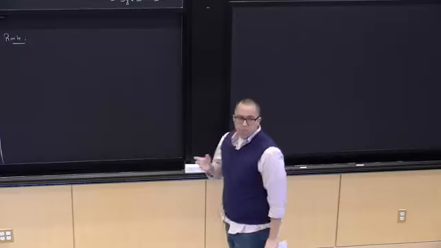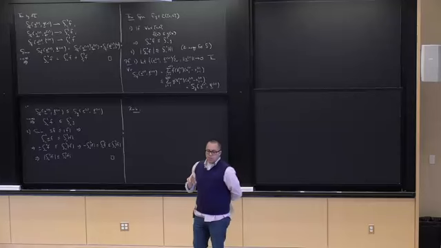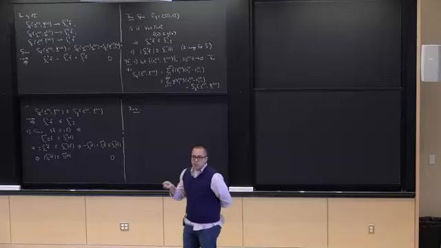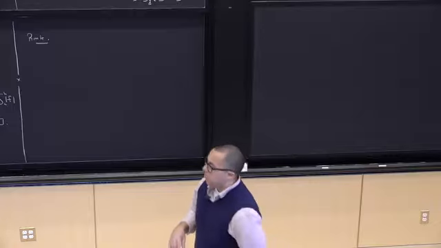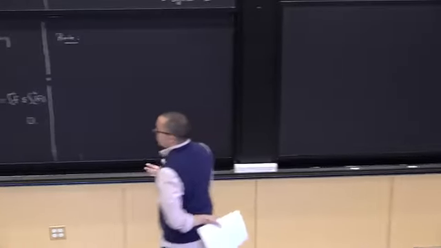So I can have two sequences, one strictly less than the other for all n, and then as n goes to infinity, their limits could in fact equal each other. For example, if I take the first sequence to be 0, the second sequence to be 1 over n, 1 over n is always bigger than 0, yet they both converge to 0. So taking limits does not respect strict inequality.